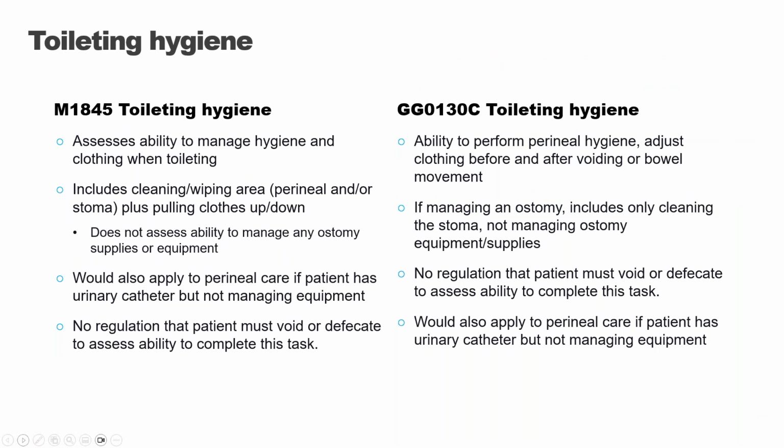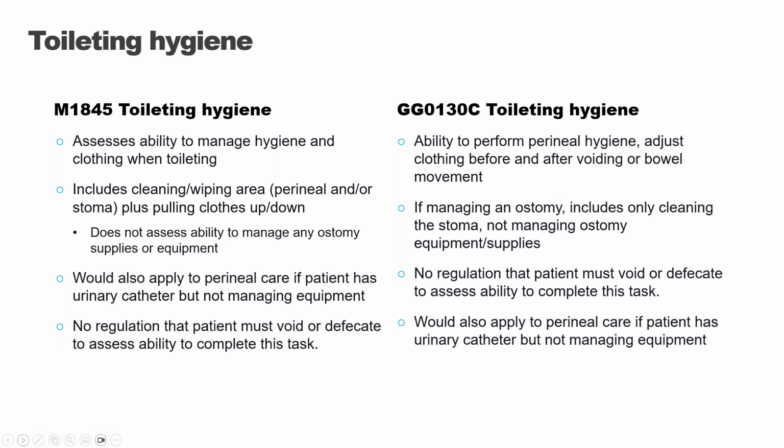All right, so we're going to go over toileting hygiene and then eating, and then move on. So M1845 on toileting hygiene, we're looking at the ability to maintain or to manage hygiene and clothing when toileting. Now for M1845, this includes cleaning or wiping that area, perineal and/or the stoma as well, plus the ability of pulling those clothes up or down.